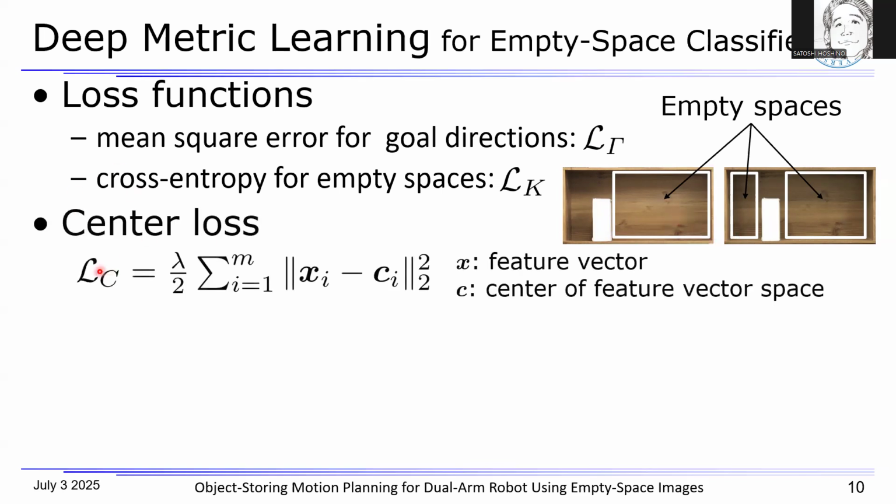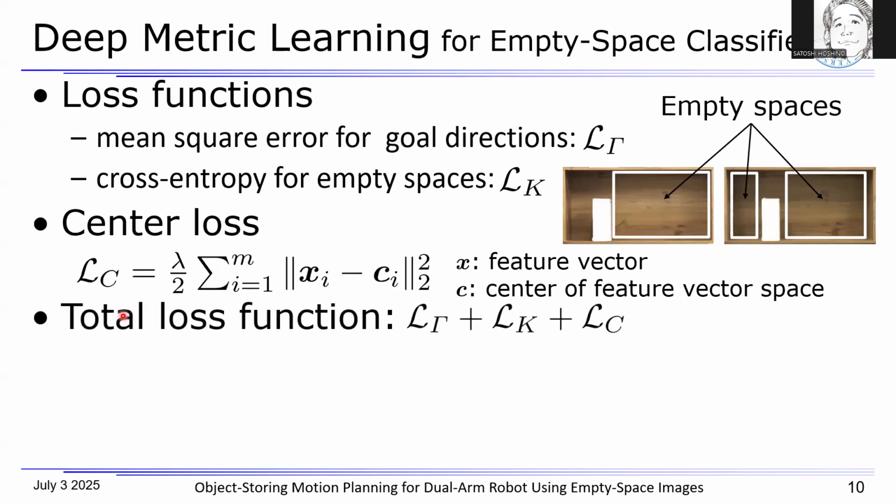So for this challenge, we apply deep metric learning to the CNN and introduce an additional loss function, which is center loss. This is because the center loss is able to improve the compactness of the feature vector distributions within the same class. So we use this total loss function, including center loss, as you can see here, for supervised learning.